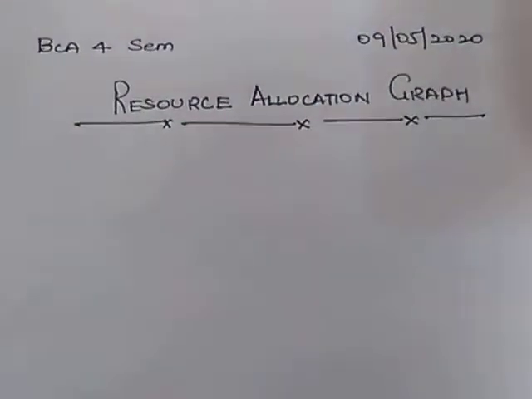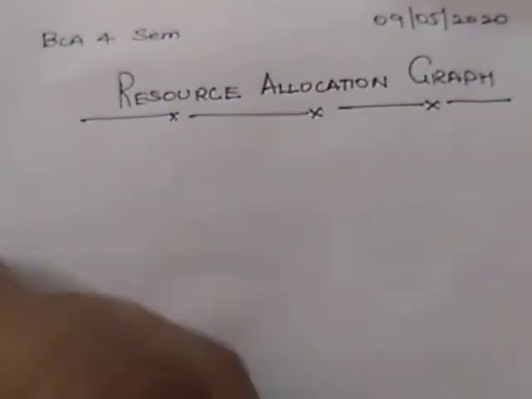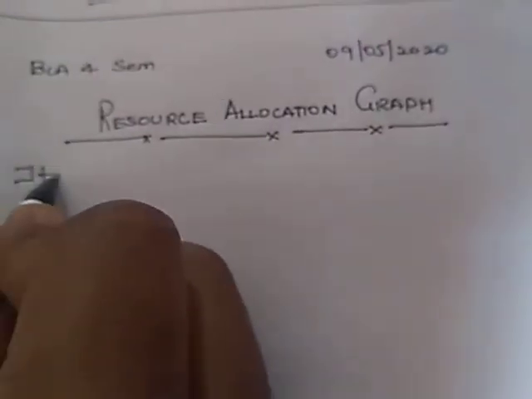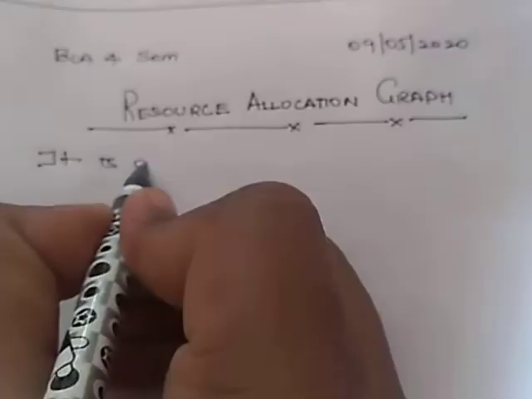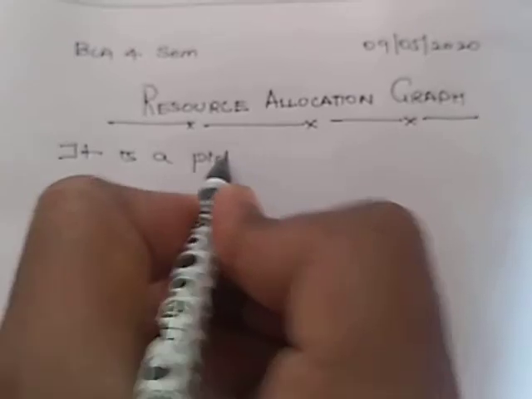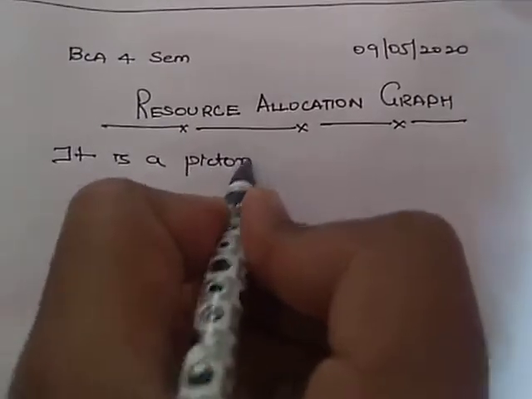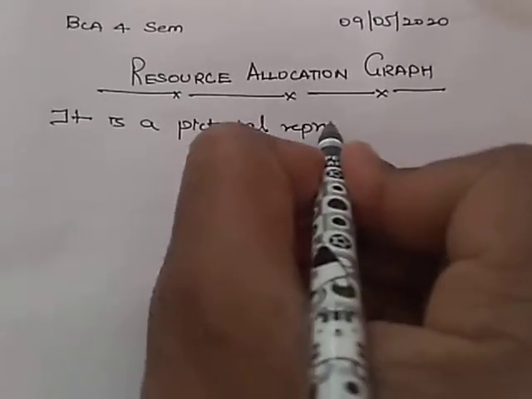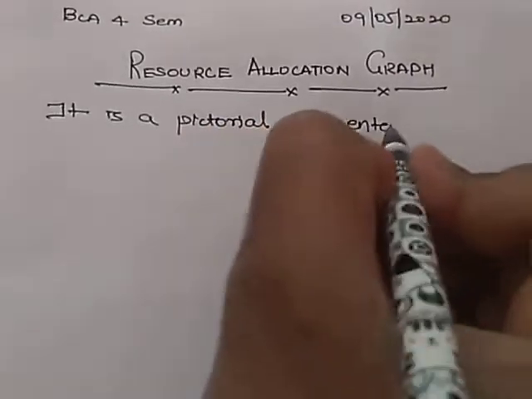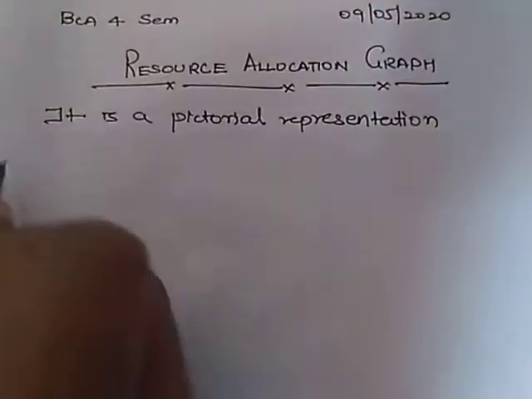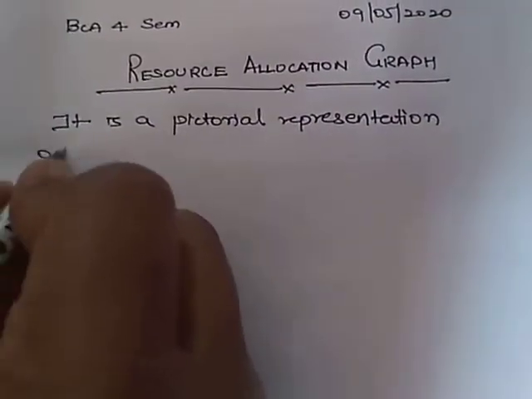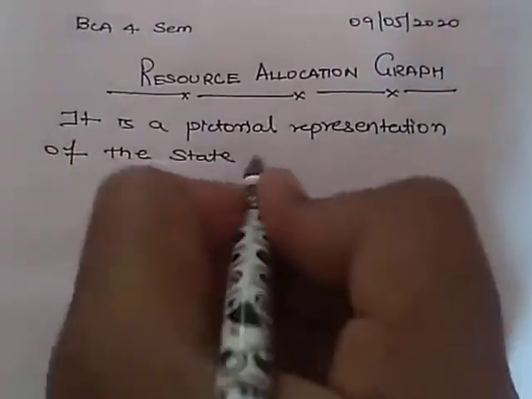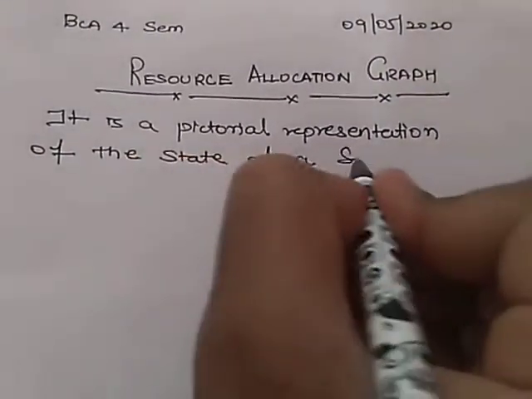Now, the resource allocation graph, it is a pictorial representation of the state of a system.